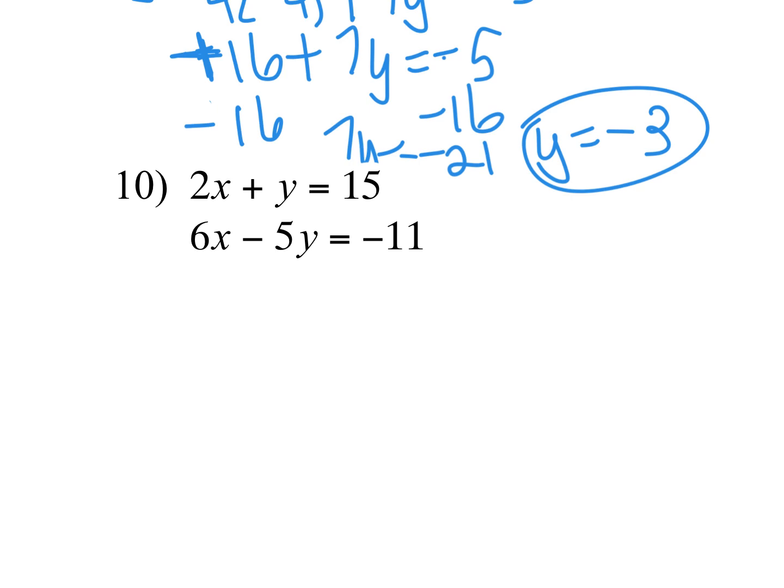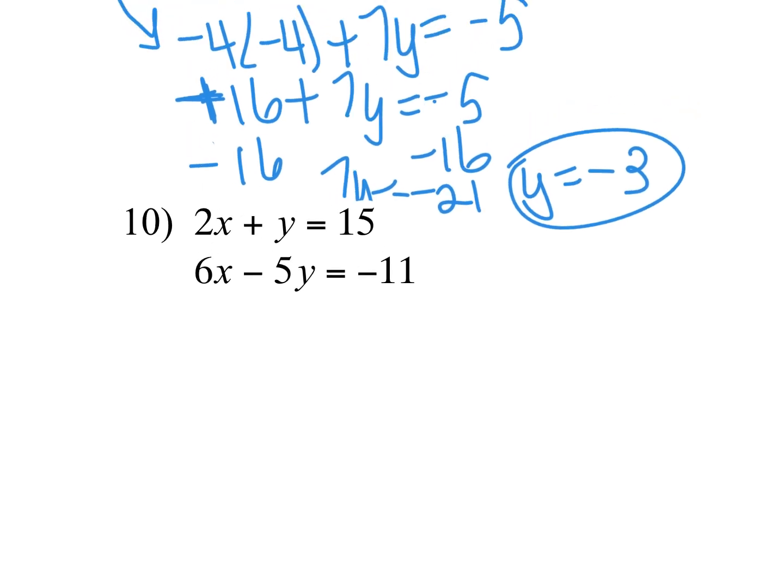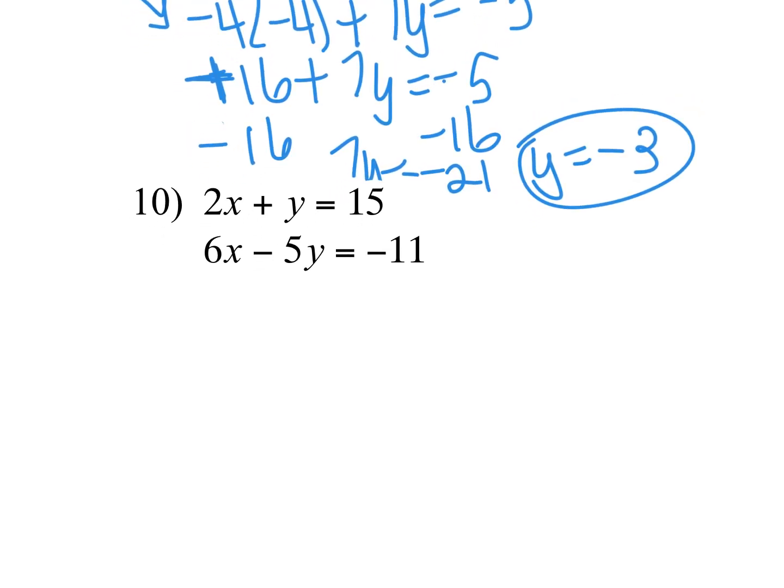So our goal here is we either want the x's to be positive 6 and negative 6, or we want our y coefficients to be negative 5 and positive 5. So let's think about which one we want to do, because it really doesn't matter. I am going to eliminate the y's because I think that looks easier to me. So if I want to eliminate the y's, that means that my equation on the first one, my y coefficient needs to be 5.